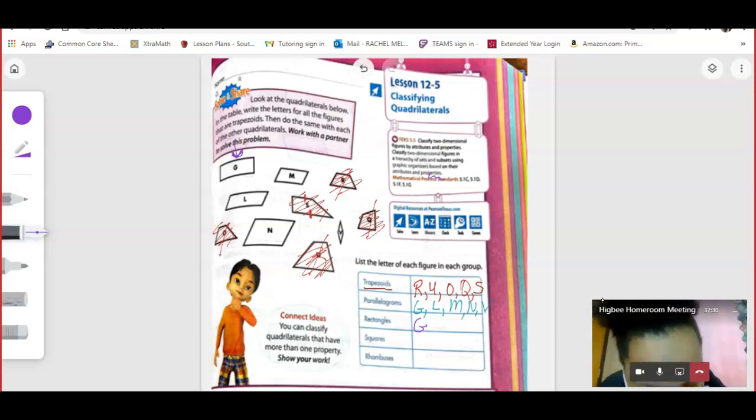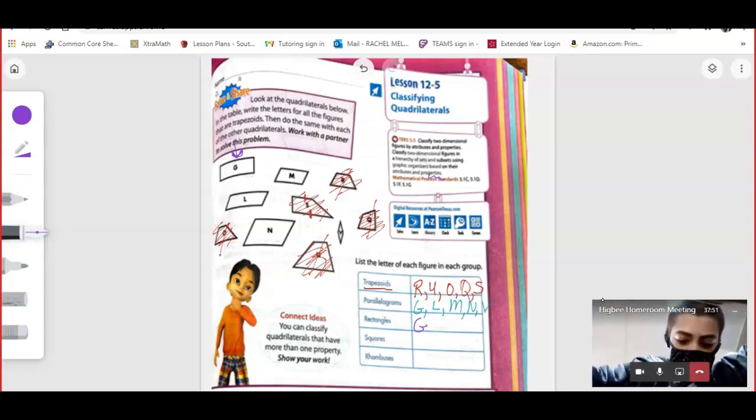All right, let's look for the definition of a rhombus. Isaac, what's the definition of a rhombus? A parallelogram with all sides the same length. We said G, L, M, N, and V are parallelograms, so we're looking to see if all 4 sides are the same.